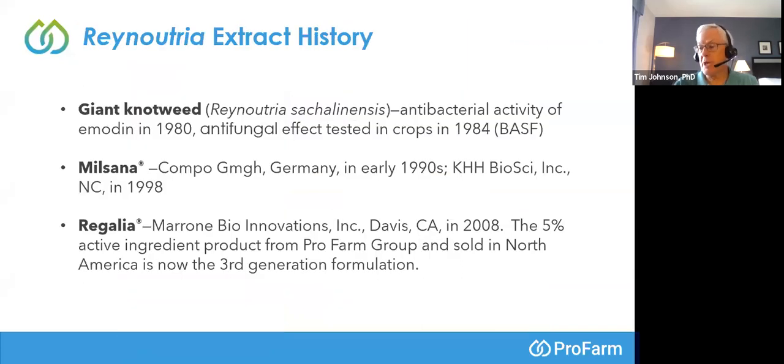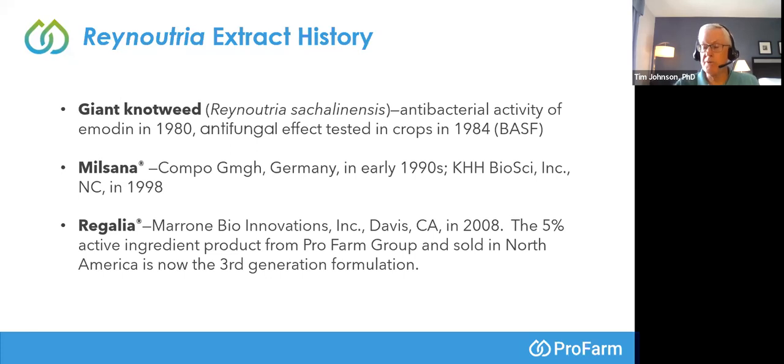The history is really kind of fascinating in terms of its development as a fungicide. A couple of the key compounds that are found in the plant extract include emodin and physcion, which are anthraquinones. The antifungal effect on crops was noted in the mid-1980s by BASF, which was looking at natural materials.